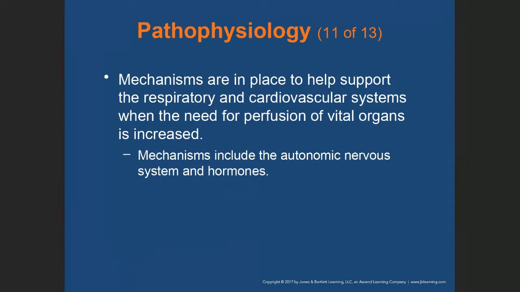When the blood pressure drops or is not sufficient to supply the core organs, the body will activate the autonomic nervous system, specifically the sympathetic nervous system, which we covered before. The sympathetic nervous system is going to produce norepinephrine or noradrenaline, which causes vasoconstriction.